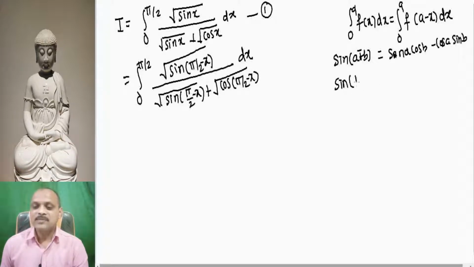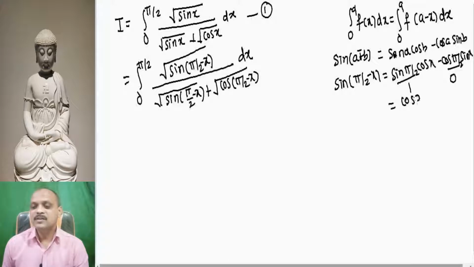Let us apply that formula. Sin of (pi by 2 minus x) equals sin pi by 2 into cos x minus cos pi by 2 into sin x. Cos pi by 2 is 0, sin pi by 2 is 1, so we have cos x.